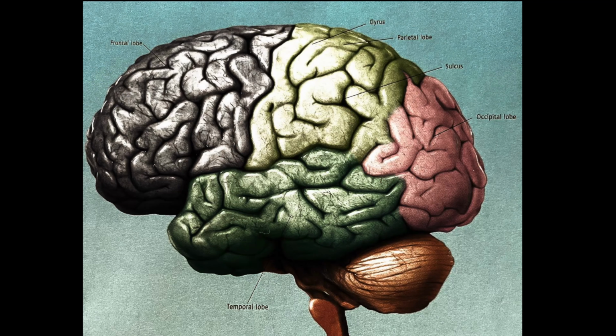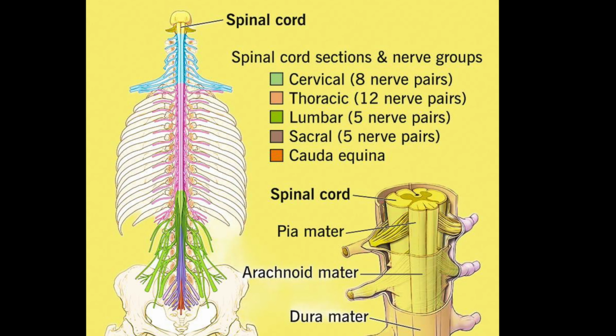Regionalization occurs as the cells keep proliferating and differentiating into the main organ that needs to be formed. Here we're talking about the brain and the spinal cord. It develops into three main parts.